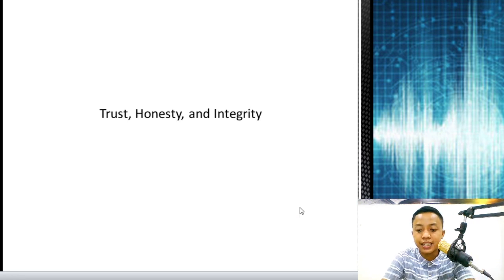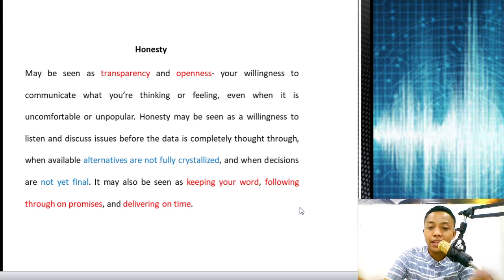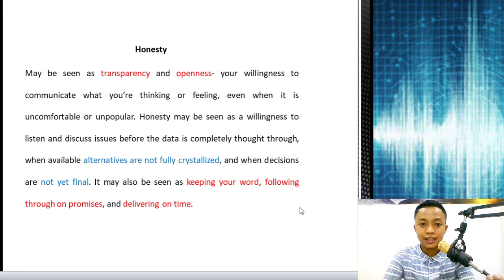Trust, honesty, and integrity. Honesty may be seen as transparency and openness. Pag sinabi natin honesty, transparency, o yung open ka, yung wala talagang nakatago. Your willingness to communicate what you are thinking or feeling, even when it is uncomfortable or unpopular, honesty may be seen as a willingness to listen and discuss issues before the data is completely thought through.